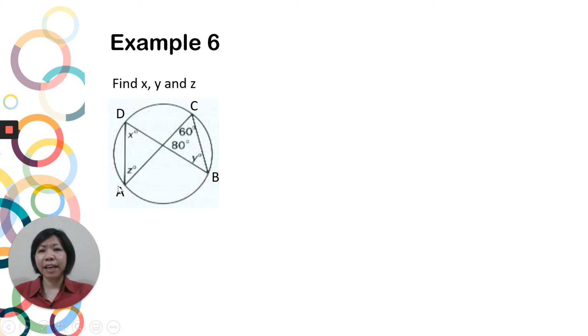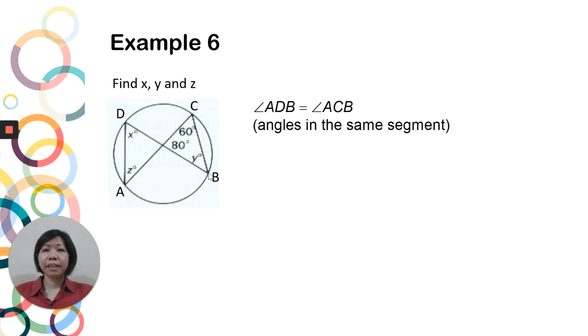If you look at this angle, angle ADB and angle ACB, they are both angle at the circumference, and they are located in the same segment. So recalling theorem 3, we could say that angle ADB is equal to angle ACB, which means x is equal to 60 degrees. What about y?